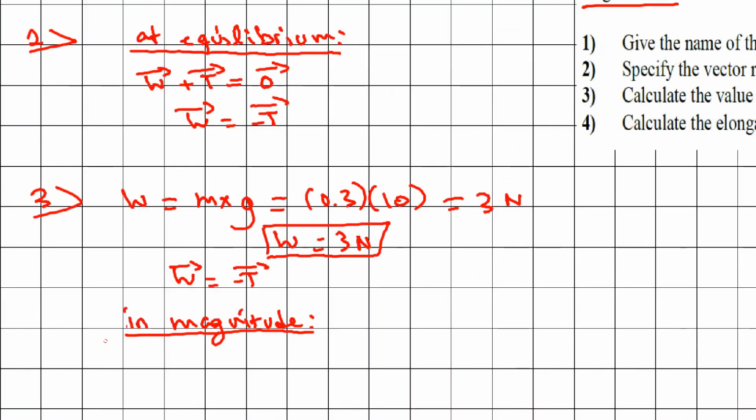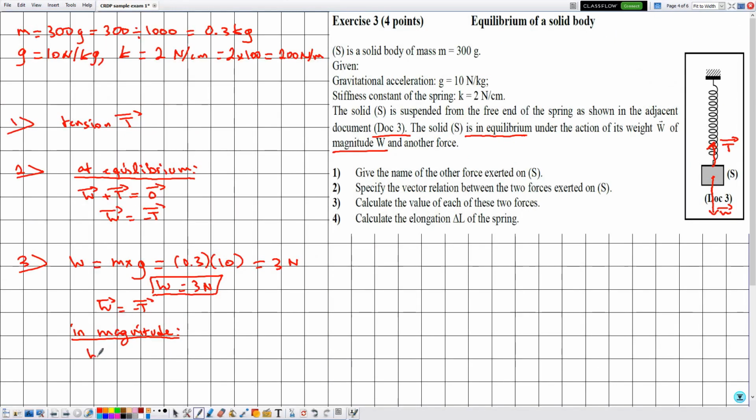So here in magnitude we drop the vectors and remove the minus sign, so W is equal to T. But knowing that the value of W is equal to 3 newtons, then T in this case is equal to 3 newtons. Then the magnitude of the weight is 3 newtons and the magnitude of the tension T along the spring is 3 newtons.